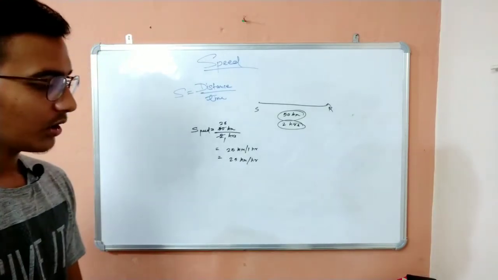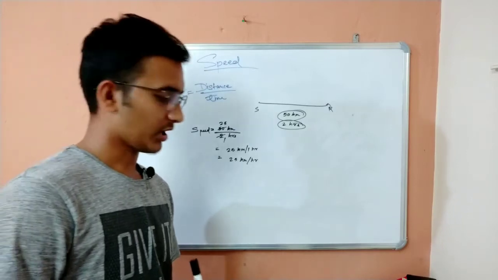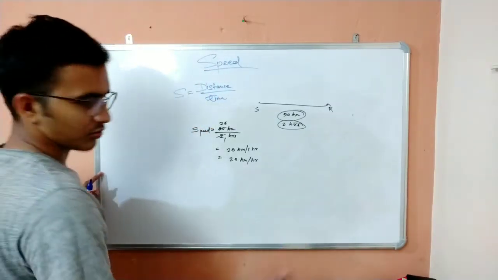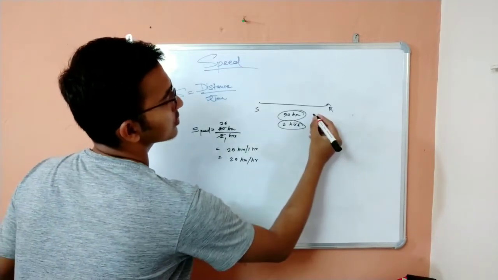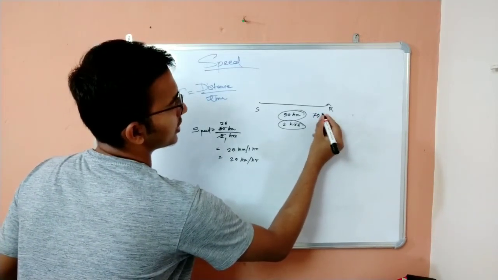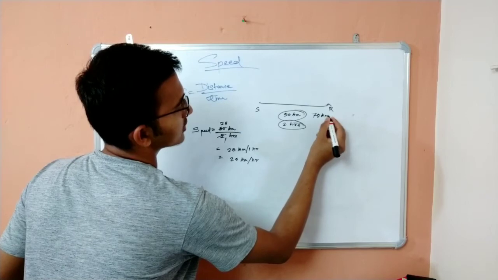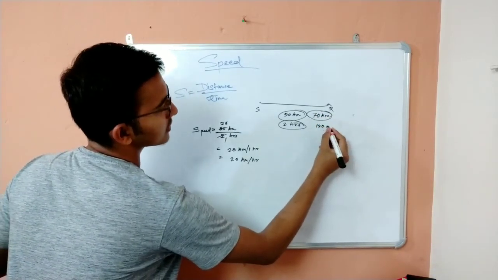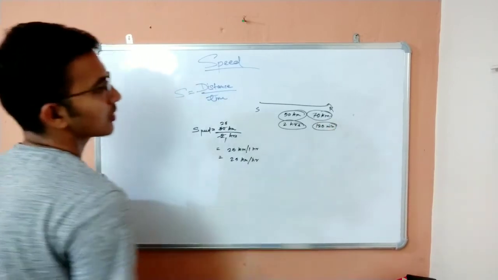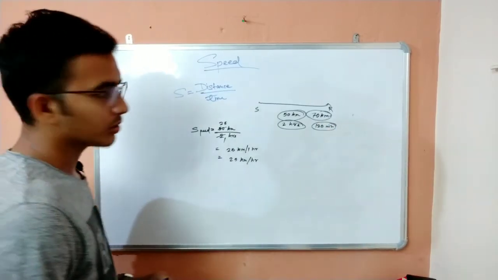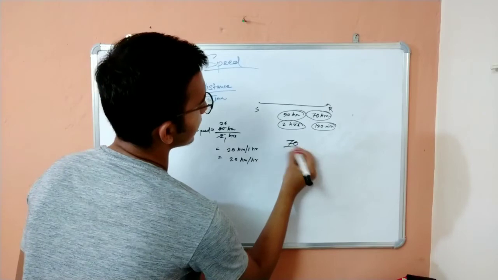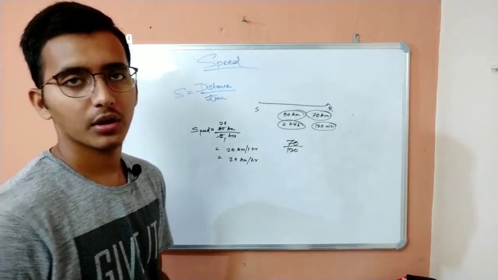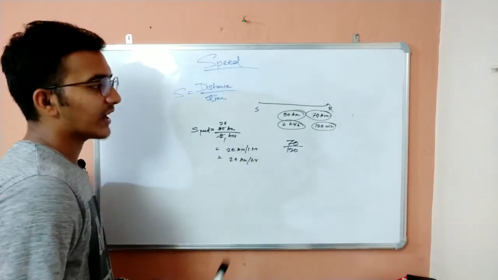Now what was the mistake that I was talking about? The mistake was, in some problems, in some questions, you will be given, suppose, 70 kilometers, and the time will be given as 120 minutes. What will you do? Definitely you will write 70 kilometers by 120. That is wrong. Always write properly.